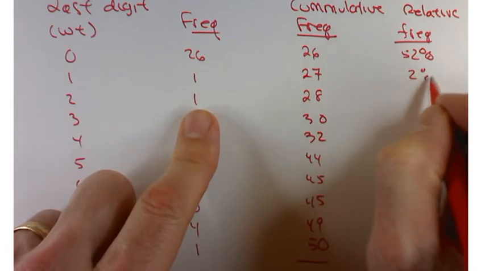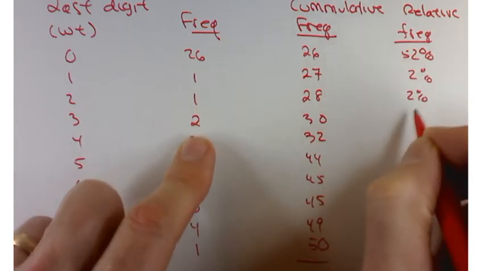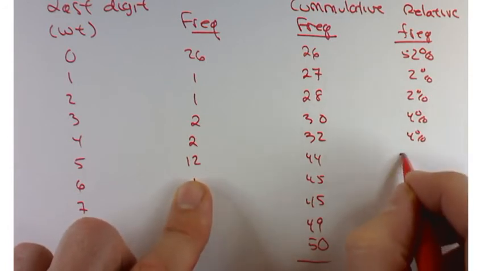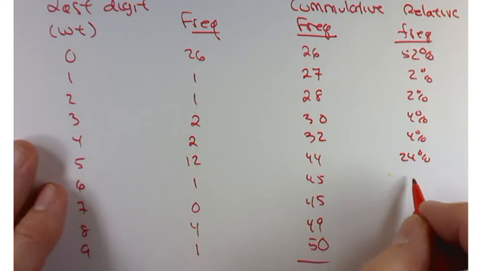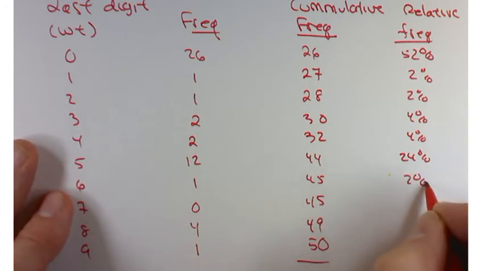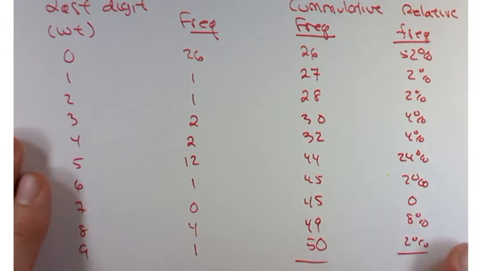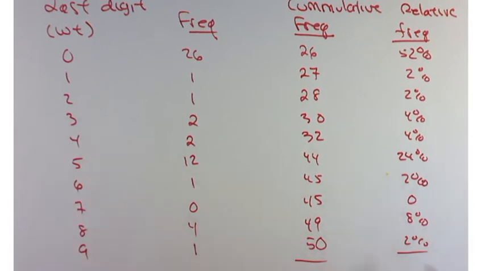One person represents 2% of the data. 4%, 4%, 24%, 2%, 0, 8%, and 2% again. Now, up to a little bit of a rounding error, this should total up to 100%. But, like I said, there is a little bit of rounding error there from time to time, so it may not be exactly 100%. That's okay.